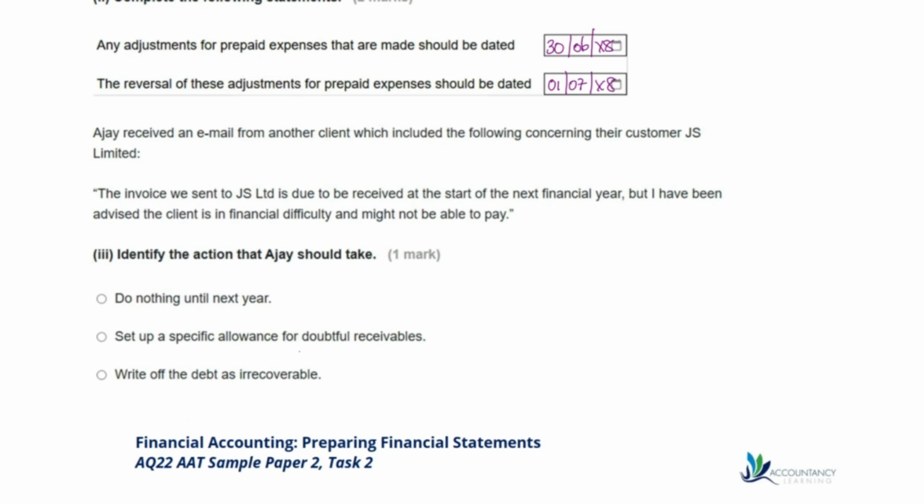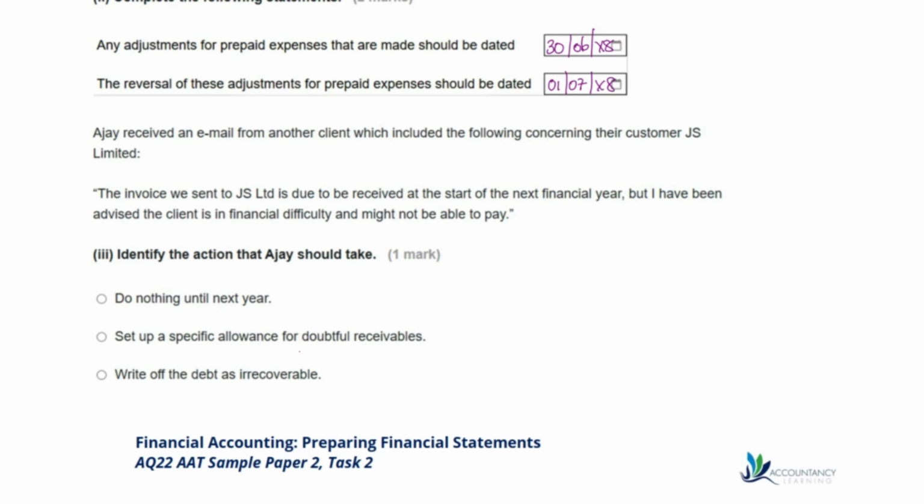So the client may not be able to pay their invoice. So do we do nothing until next year? Well, no, we need to make sure that we're recognising something in this year because we are aware of something. Set up a specific allowance for doubtful receivables, or do we write off the debt as irrecoverable?